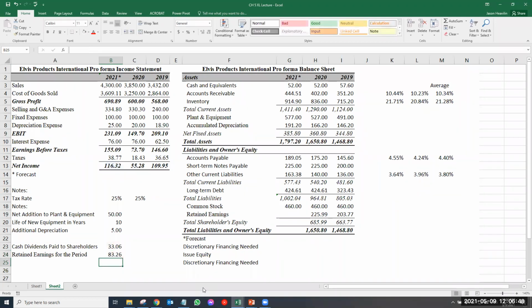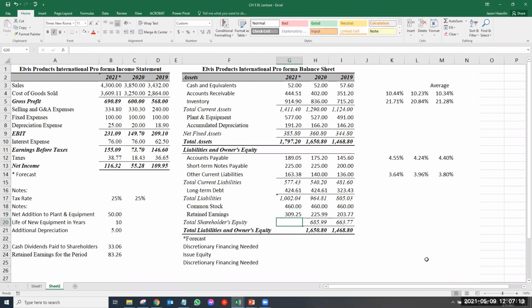And what's left over is our retained earnings. So what we do now is we start a formula with the equal sign with the retained earnings of the previous year, and we add the retained earnings for the forecasted period. And that is our retained earnings.